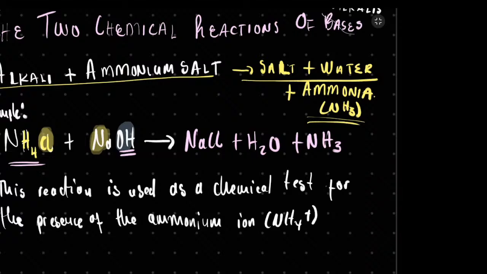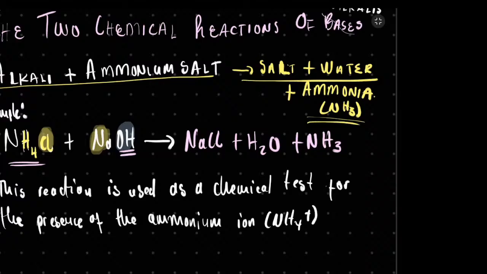Now, I wanted to then teach you what we call test for gases, because this is going to be important, because what you're going to test for here is whether ammonia gas gets produced.